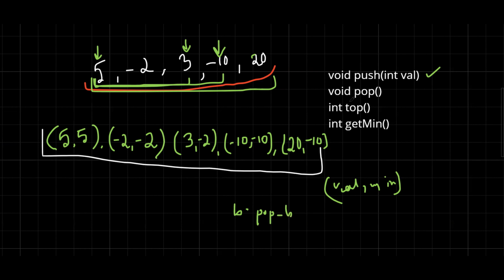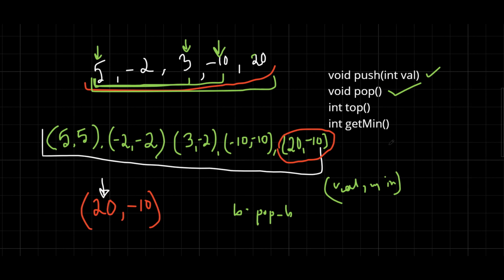Now this is done. So we have the other functions, top and getMin. For the top method, we have to take the last element of the vector. So here the last element is 20, minus 10. So what is the top element here? The top element is 20. As it is a pair, we have to return the first element of this pair, which is 20.